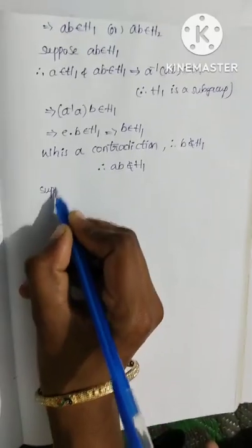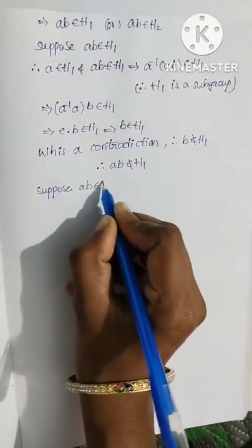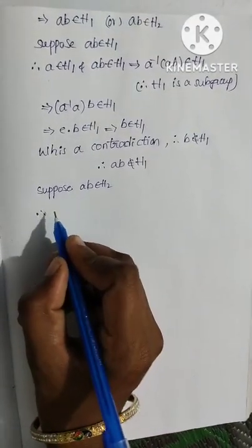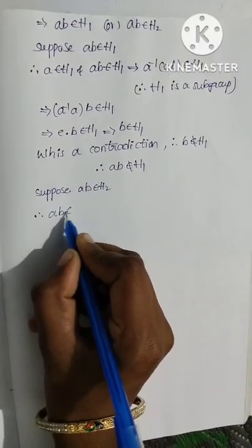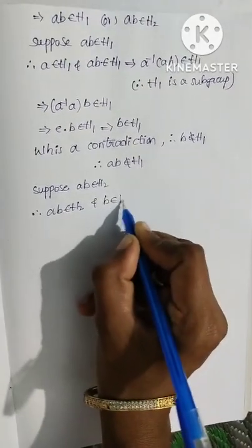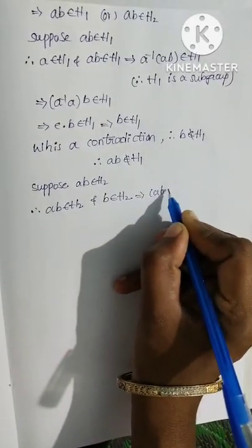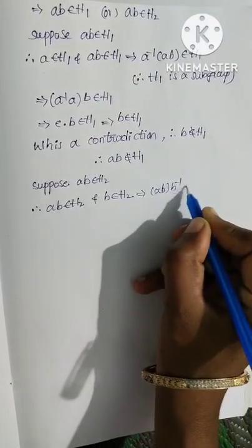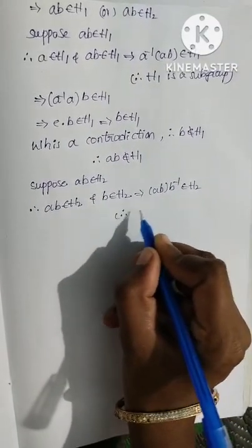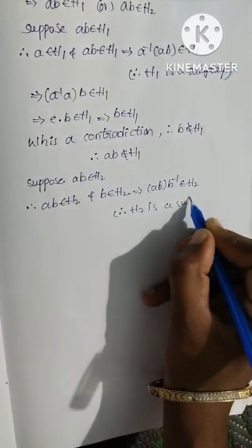Suppose AB belongs to H2. Then AB belongs to H2 and B belongs to H2. So AB into B inverse belongs to H2, since H2 is a subgroup.